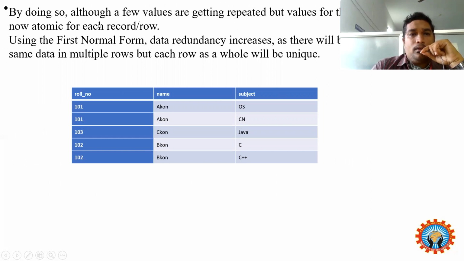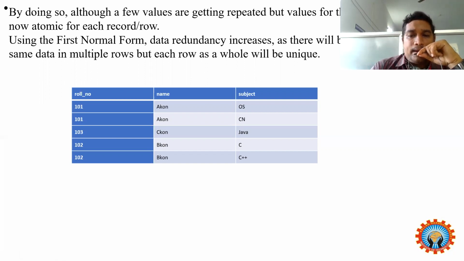By doing so, the other values get repeated. Okay, 1NF is completed. There will be a duplication of data, but the subject column is atomic for each record. So the first normal form should not have any multiple values; it should have only atomic values.